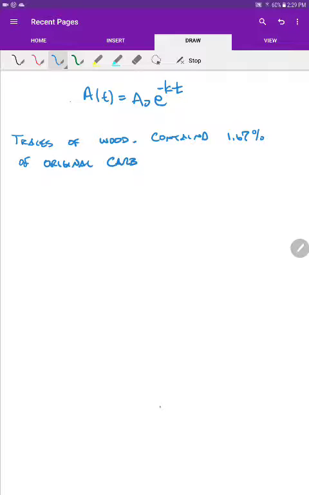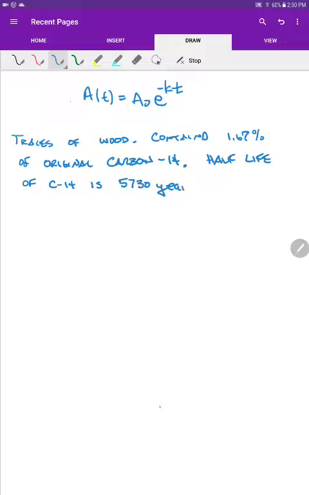Carbon-14 is an isotope of carbon. So it's a type of carbon, and we know that the half-life of carbon-14 is 5,730 years.